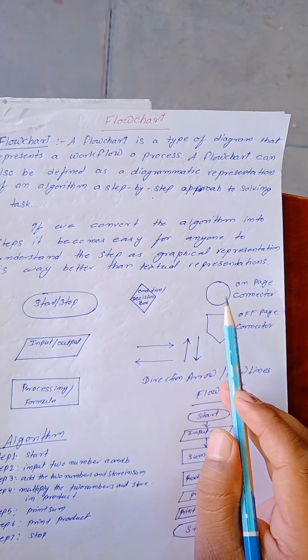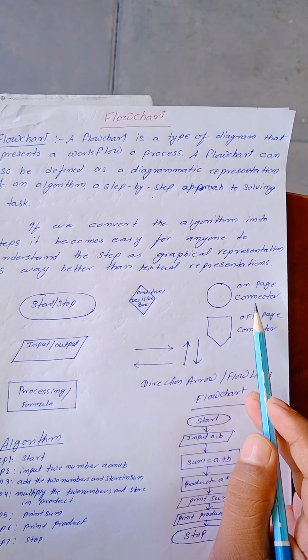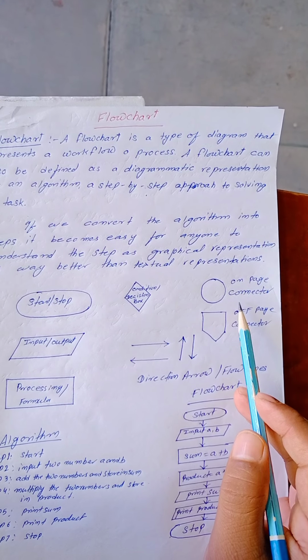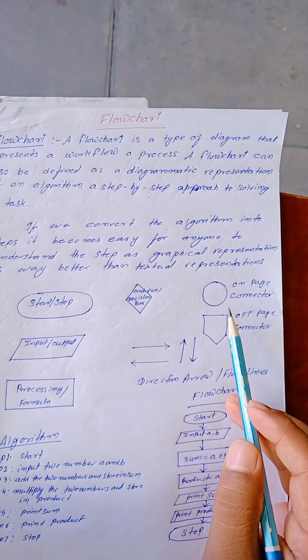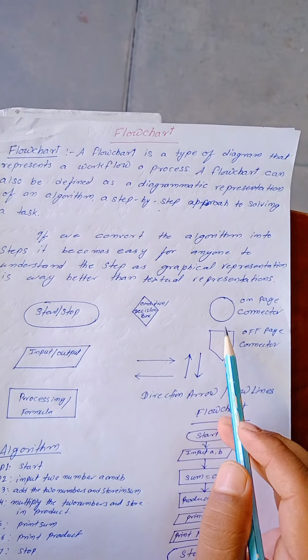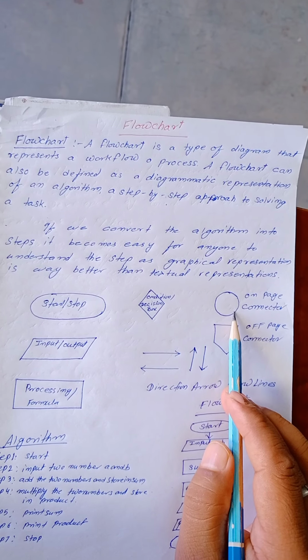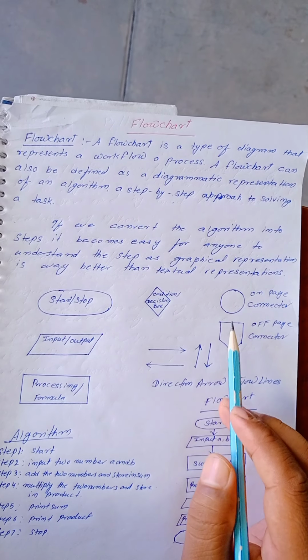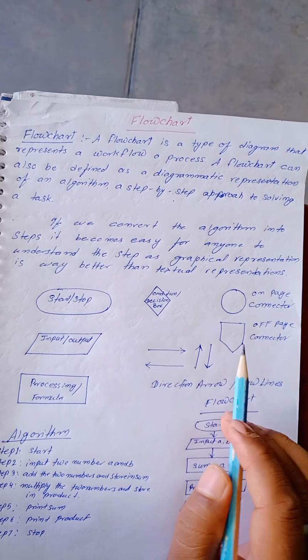Next is the on-page connector. If you want to connect two or more algorithms, then we use a connector. And this is the off-page connector.